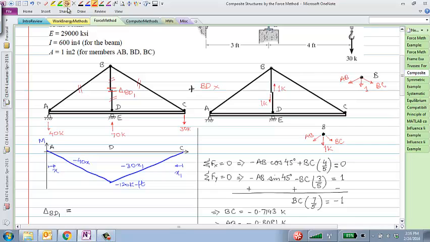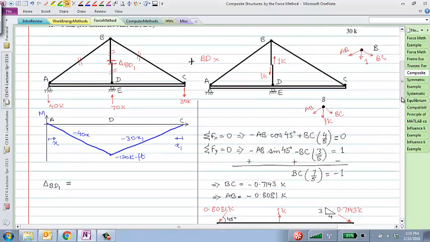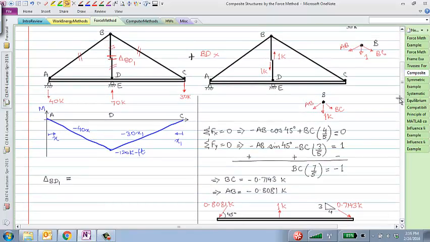With this free body diagram, you can set up the two equilibrium equations. I'm not going to go through the details. You find that BC is minus 0.7143 and AB is minus 0.8081.